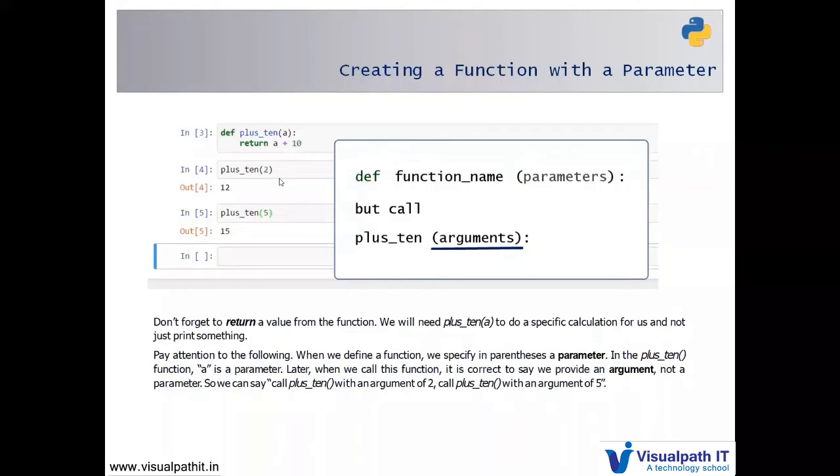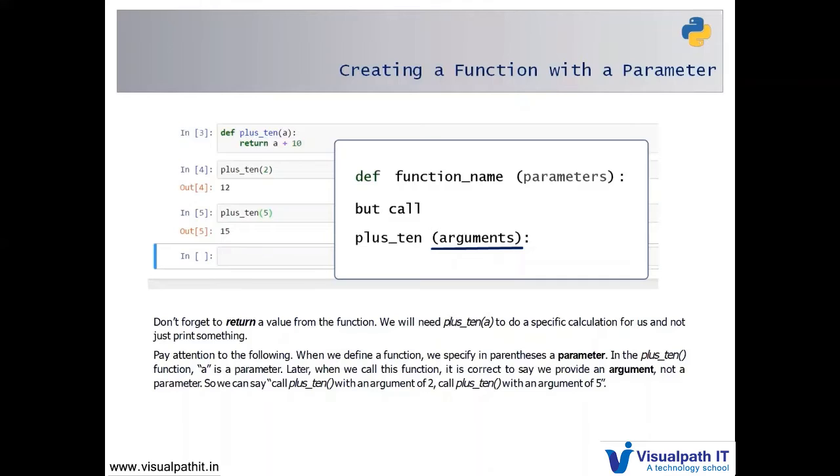So let us look at how to define a function and how to call that function. Suppose we want to add a value of 10 to any value we decide on. Suppose we want to add a value of 10 to say 2.